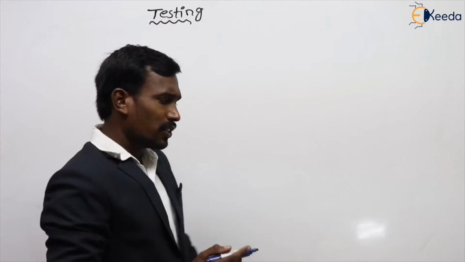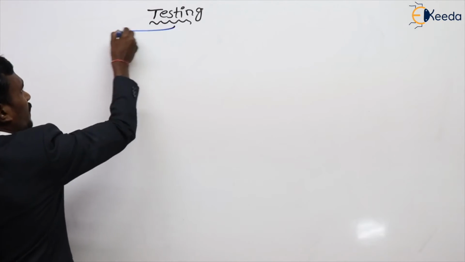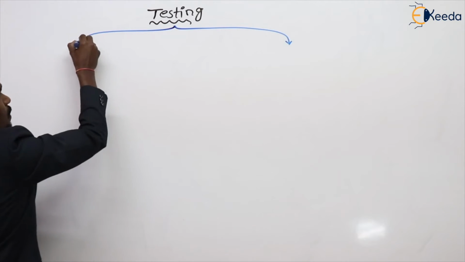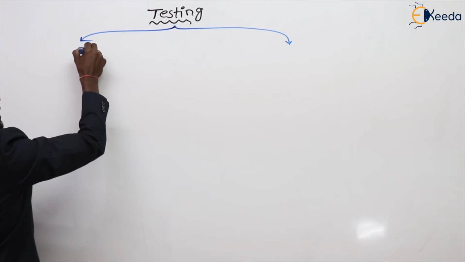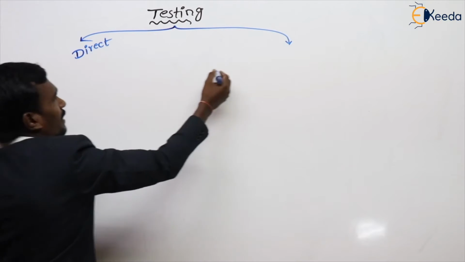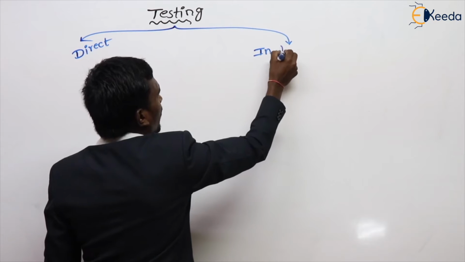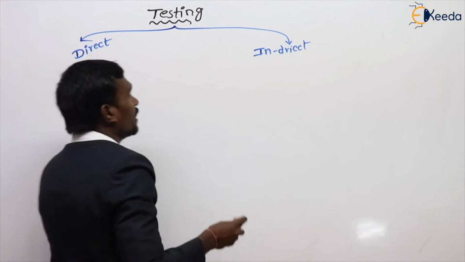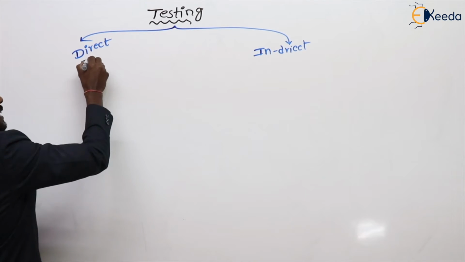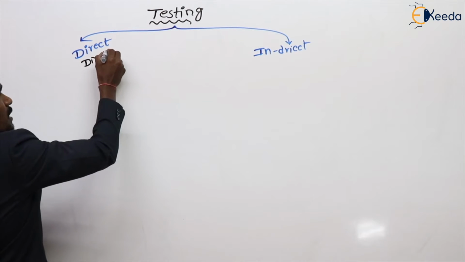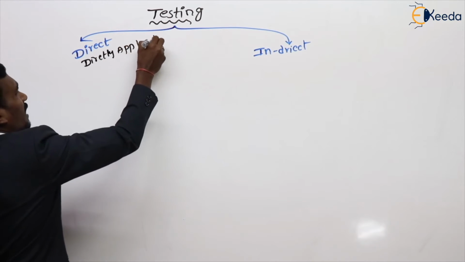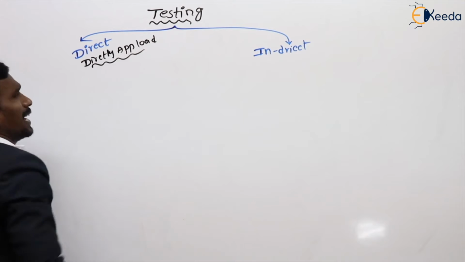Generally, in our DC machine we have two types of tests: one is the direct test and the other is the indirect test. In the direct test, we are directly applying the load and then examining all the values.